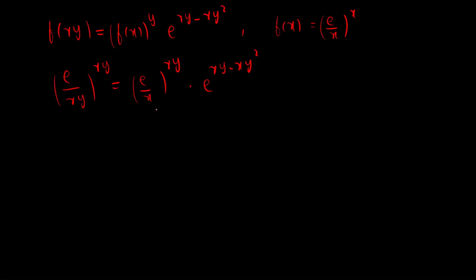Now if we simplify, we can see that 1 by y to the power xy is equal to e power xy minus xy square. Obviously this thing is not always true.